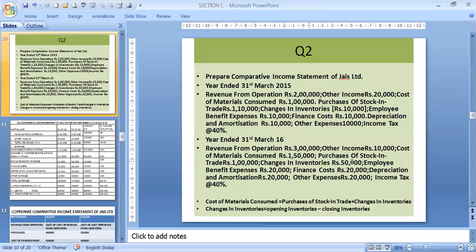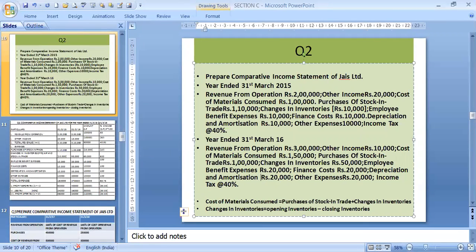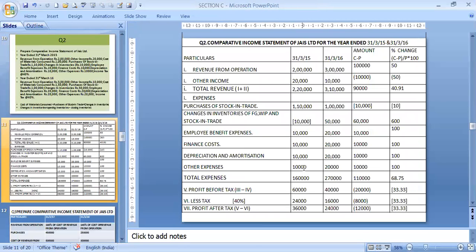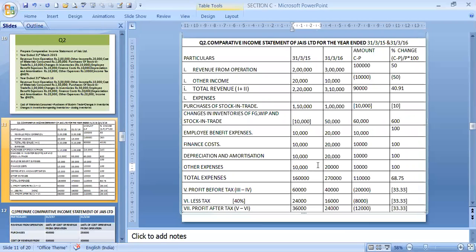After that, we have other expenses: 10,000 in 2015 and 20,000 in 2016.